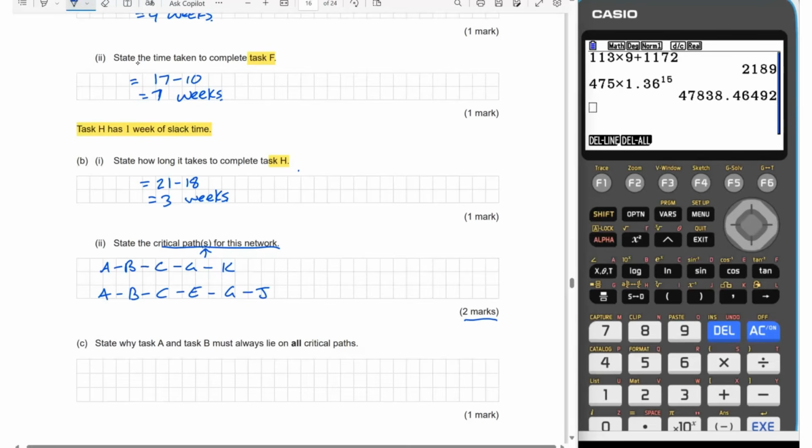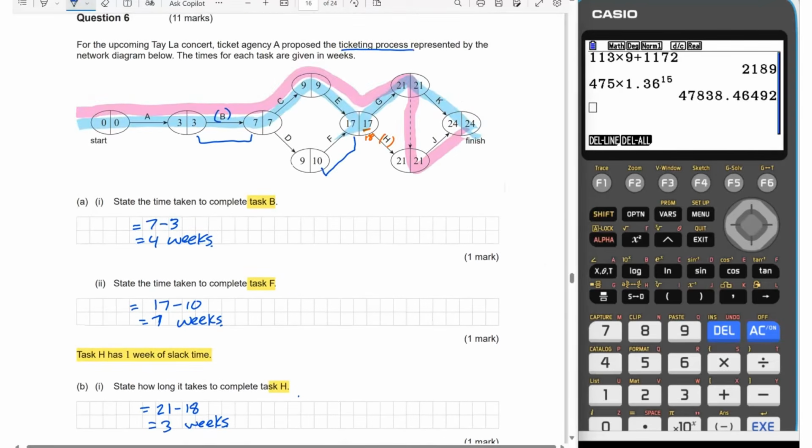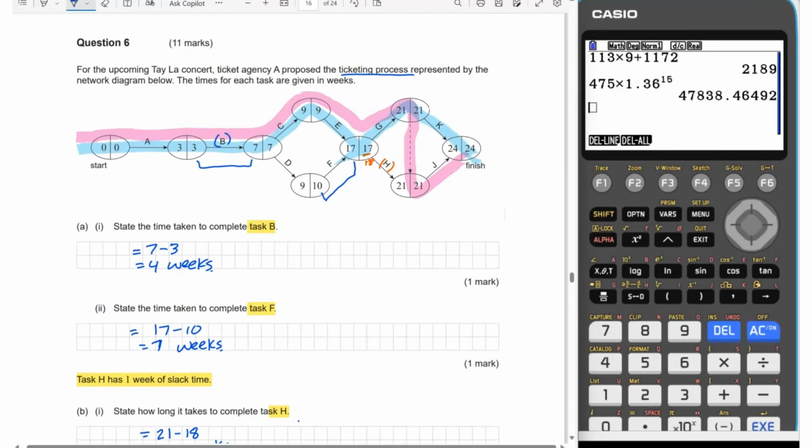Now, just to note here, it says that when we do a backward scan, we take the smallest number. So for this J, to get to J, it had to be 24 take 21, which equals 3 weeks to do task J. Now K, because it's a backward scan, we take that smallest number. We've got 2 numbers that we have to consider.